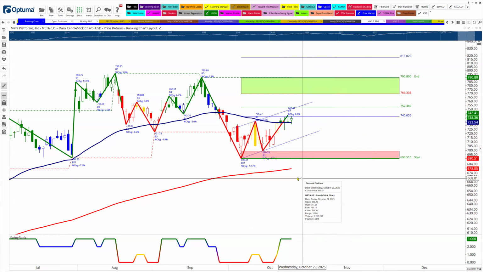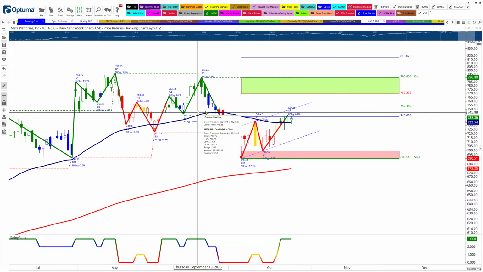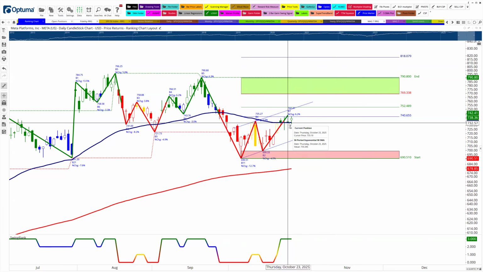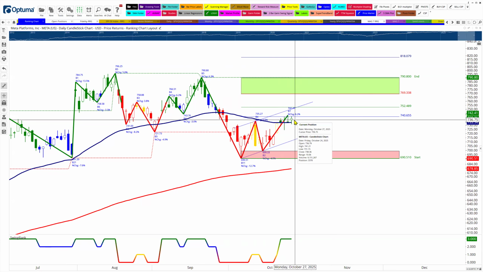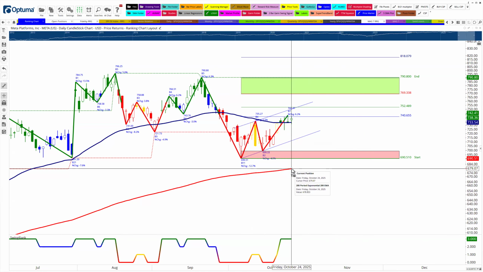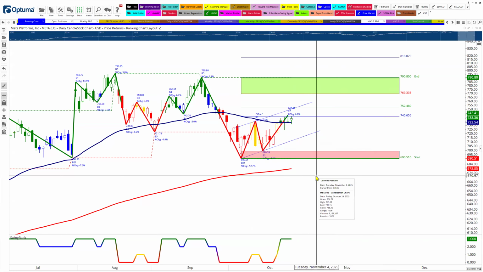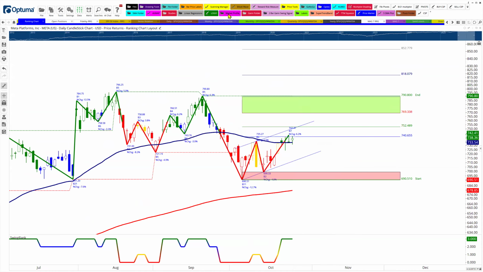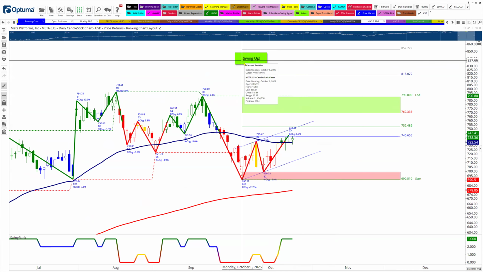One, you know that we've been fighting this 50, which is a good sign. Second, the 200 is way down here. Third, the direction of the swing is up.